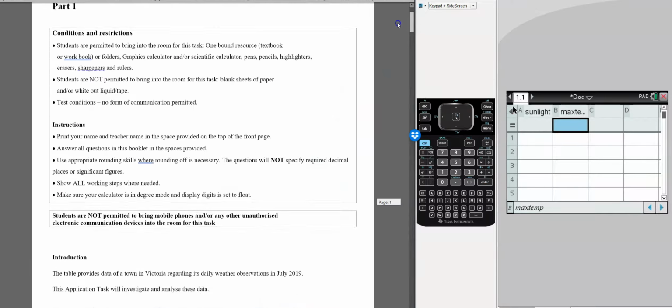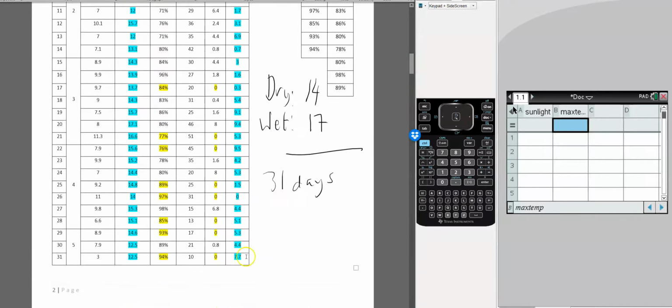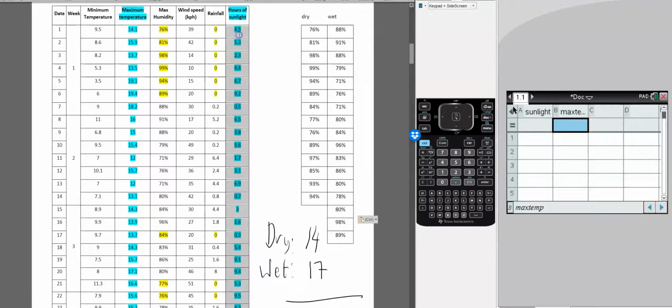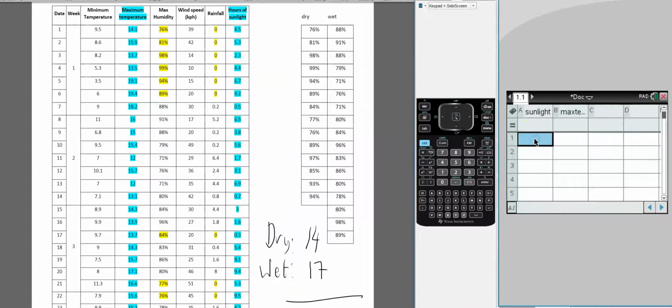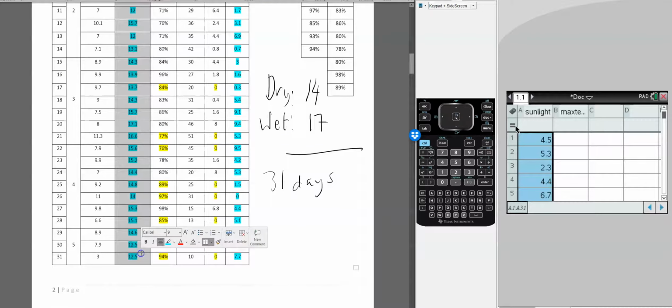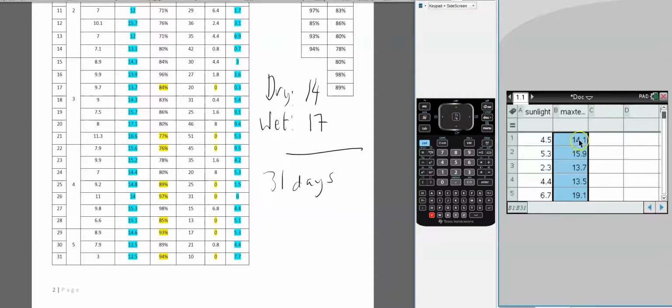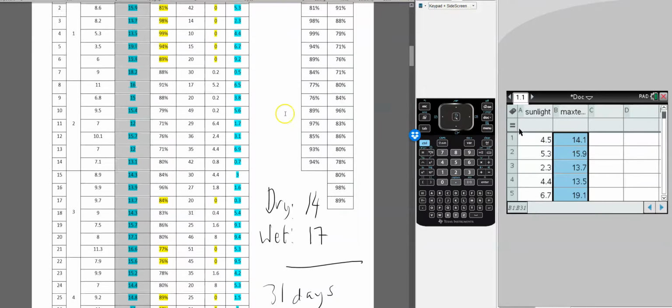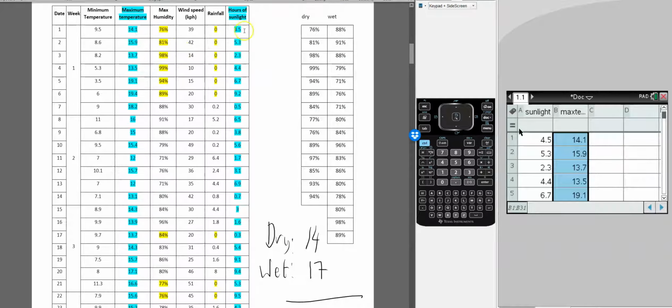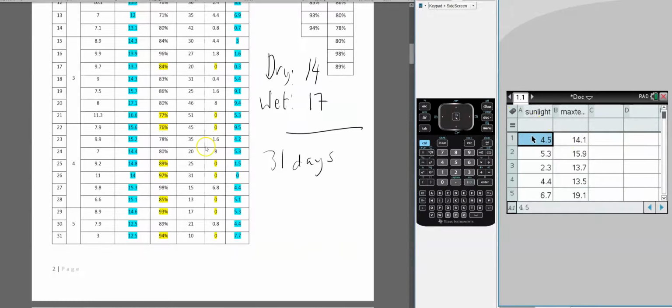Let's go to our data, sunlight, paste, and max temp, paste. Now that I've input my data, make sure they're all aligned, so the first value has to correspond with the first value there.